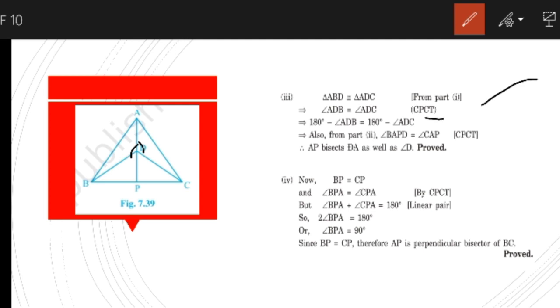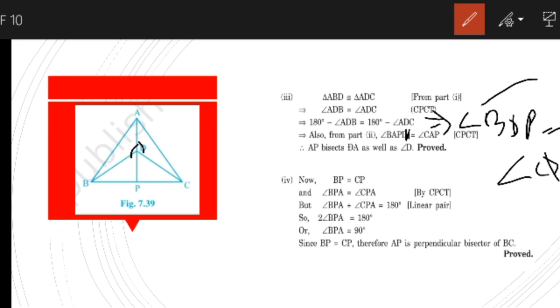Here we can get that if we subtract it, angle BDP is equal to angle CDP, and from subpart 2 also we can get, the second congruency that we have done, angle BAP is equal to angle CAP.